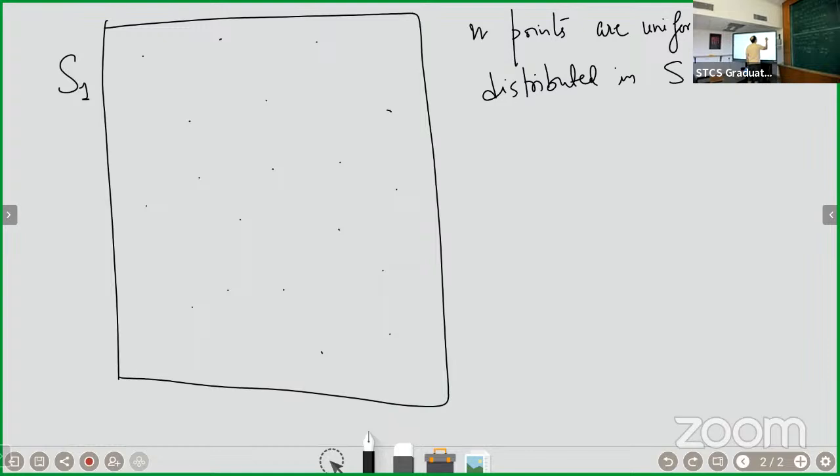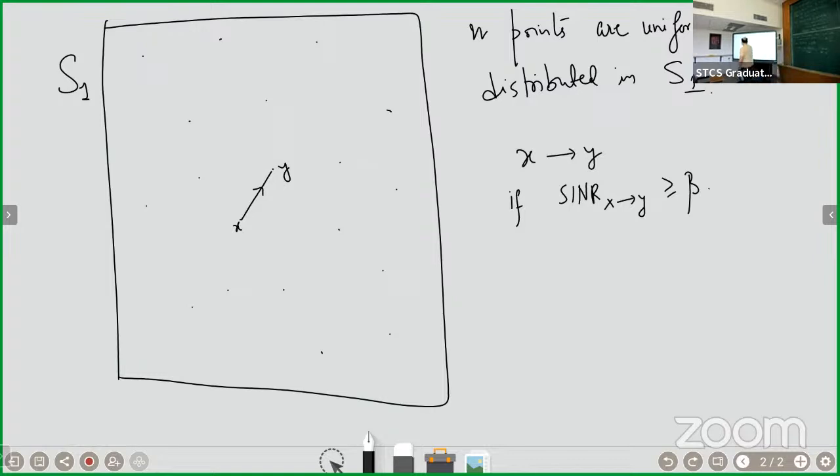So earlier what we did was we just connected these two points, let's say x and y, as long as there was an edge from x to y. So that's the graph we construct. Now we're going to look at a more network view.